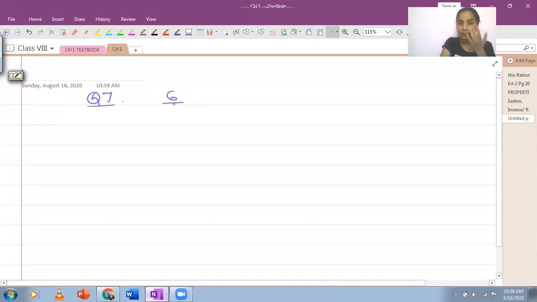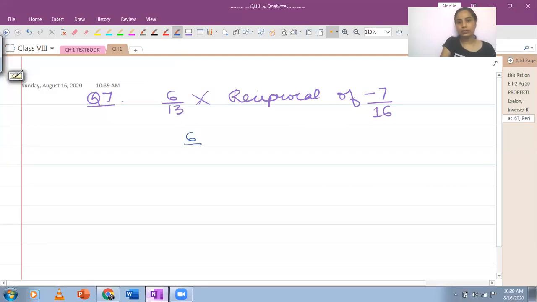So 6 by 13 is to be multiplied with the reciprocal of minus 7 over 16. So 6 by 13 will be 6 by 13, no change, into. Write down the reciprocal for this. And then solve.